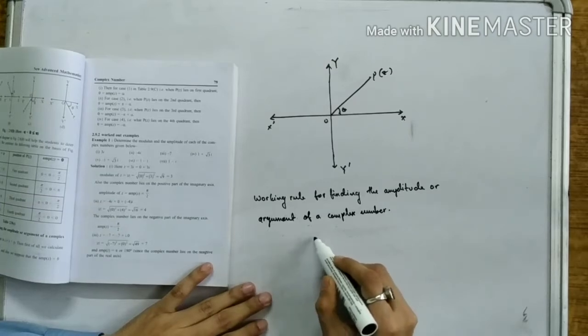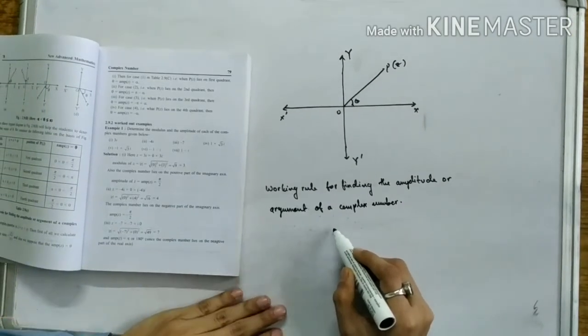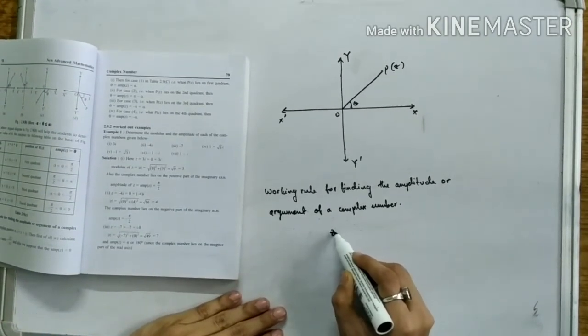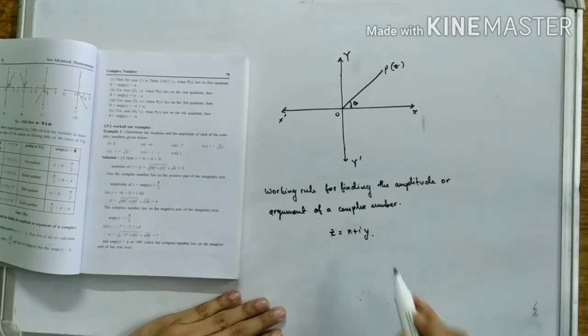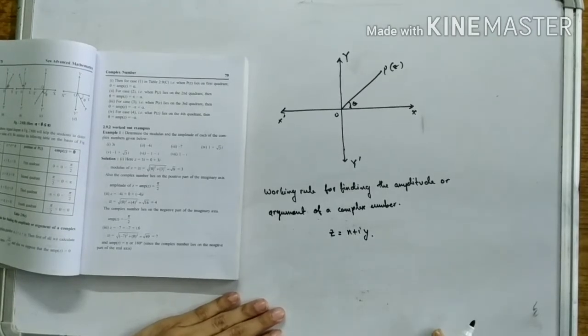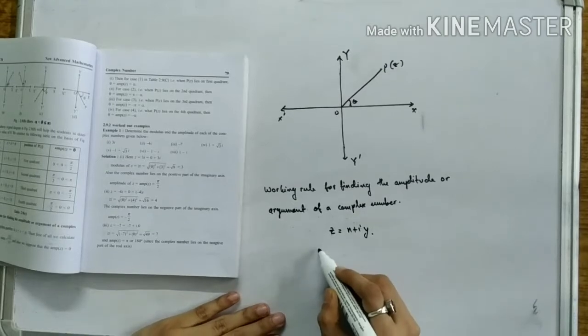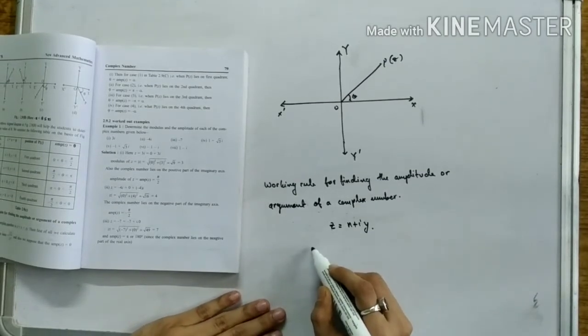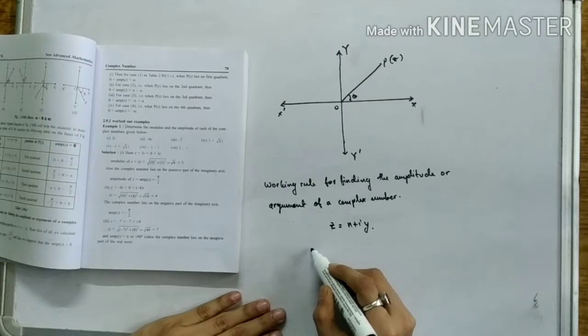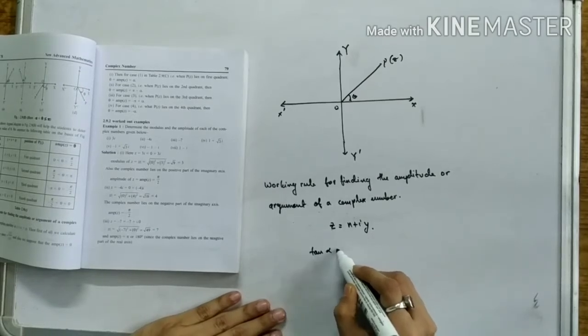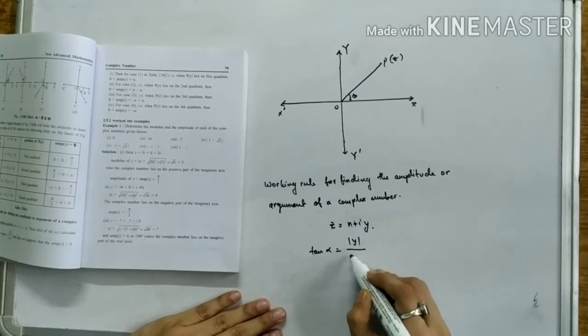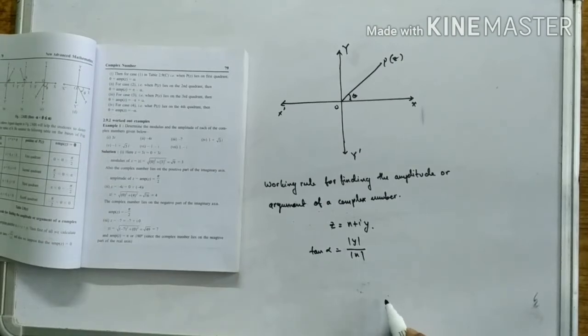So first of all, suppose there is a complex number z equals x plus iy. Then first of all, we will calculate the value of alpha, from tan alpha equals modulus y by modulus x.